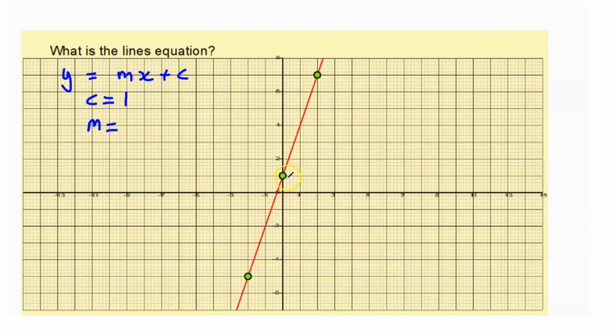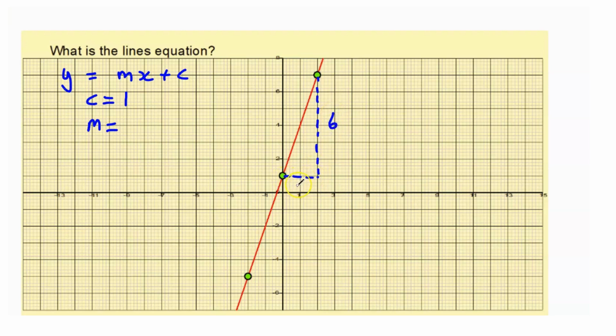Now we can make a right angle triangle on the line here. So let's do that. If you notice, the line is sloping upwards, therefore the gradient is positive. So this is our right angle triangle here. So it's the change in y over the change in x. So let's see how many units that is. So we have 1, 2, 3, 4, 5, 6. So that's 6 units.